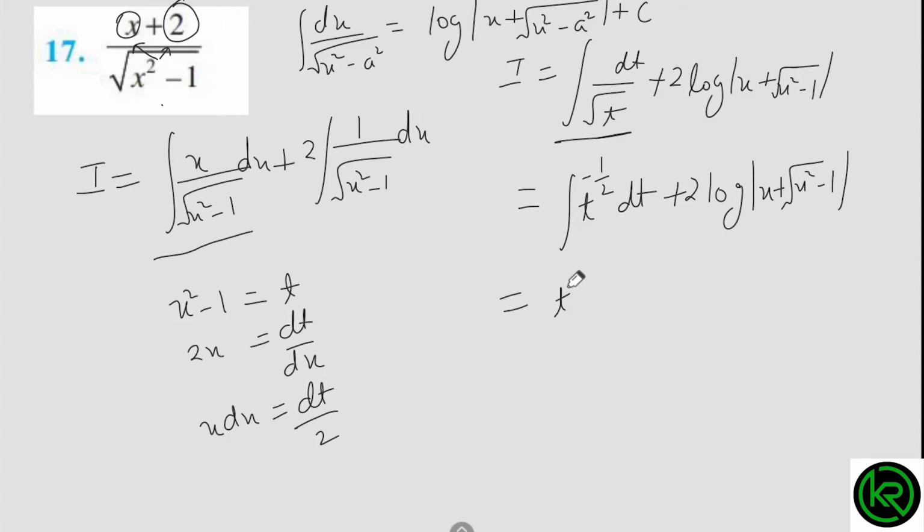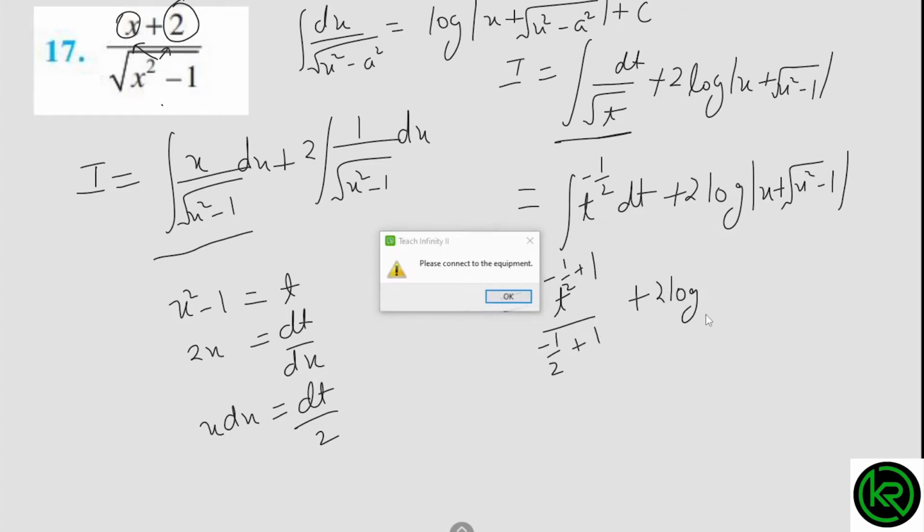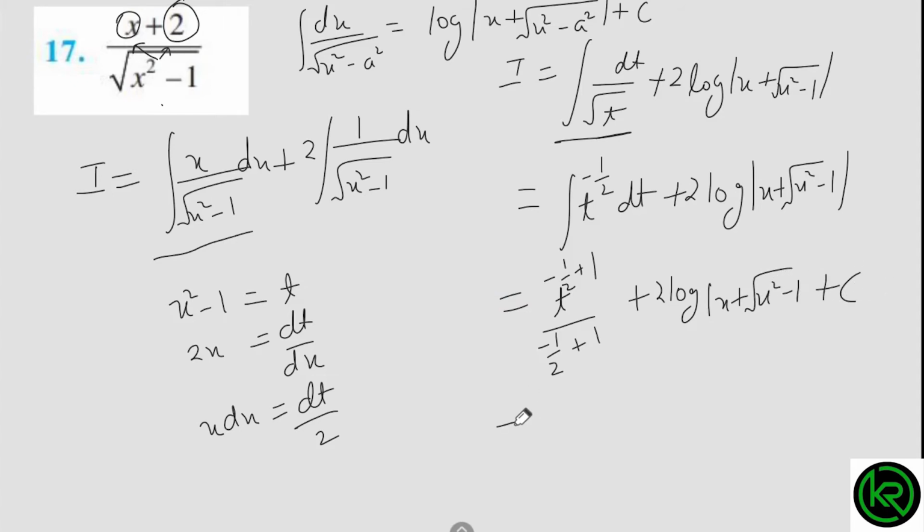Now t to the power minus half integration is t to the power of minus half plus 1 upon minus half plus 1, plus 2 log x plus under root x square minus 1 plus c, and 1 minus half is half, so 2 root t plus 2 log x plus under root x square minus 1 plus c, and t value is what, students?